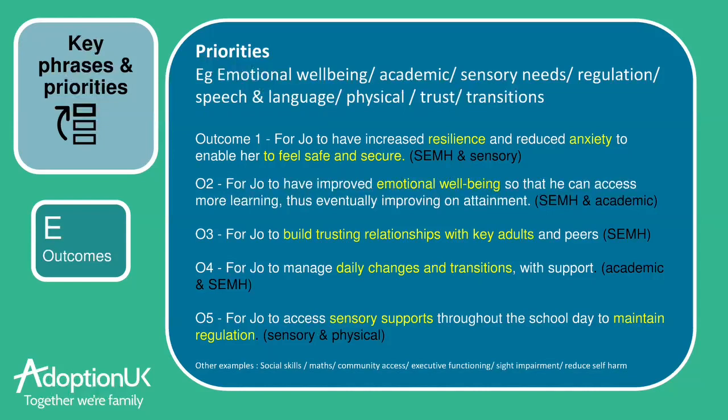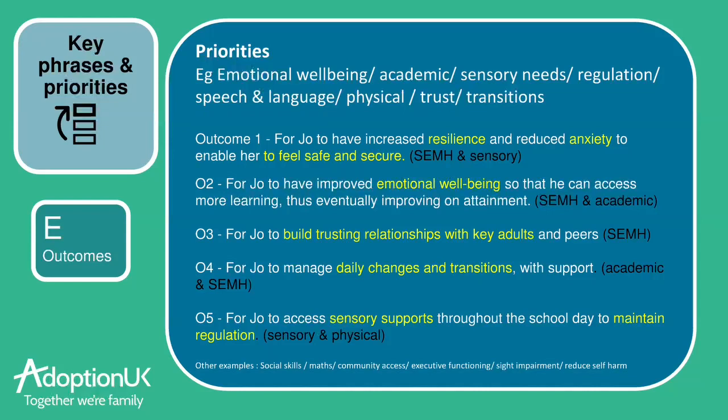I have come across opposition to change outcomes. Some schools have said that they can only change outcomes with the local authority present at a meeting. However, many local authorities are unable to attend annual reviews nowadays.